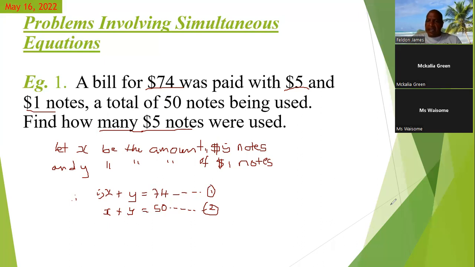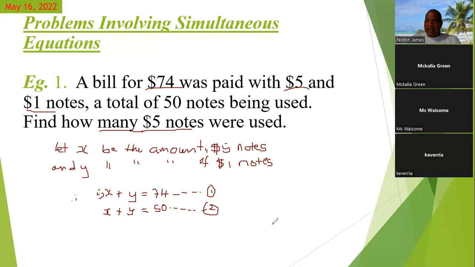Before we even get to the sign, what's the first step? In order to eliminate, what do you need to do? You have to ensure that the coefficient of the unknown that you choose to eliminate is the same in both equations. You don't remember that? Yes, sir.